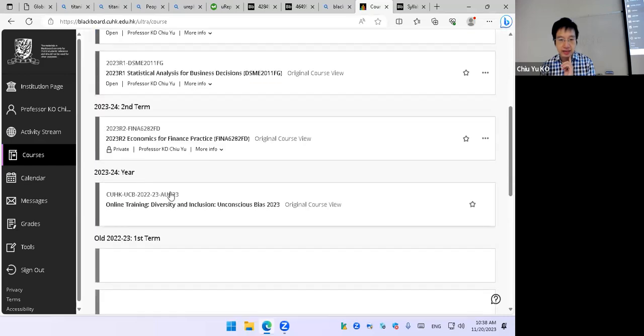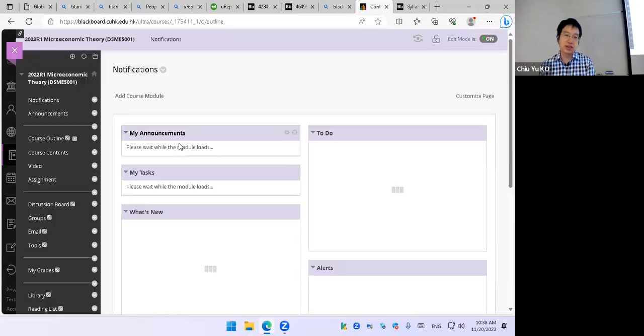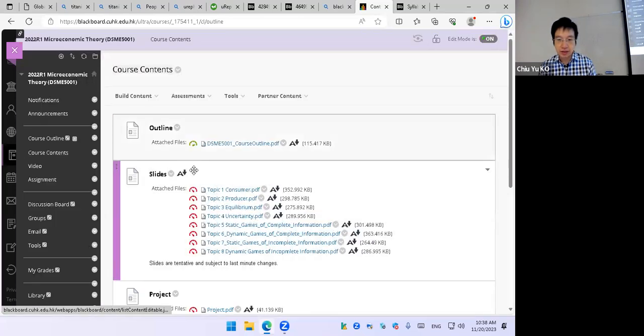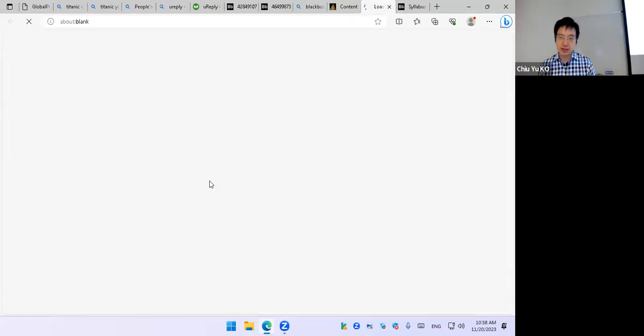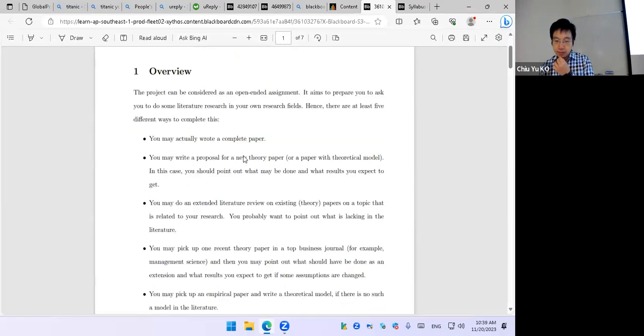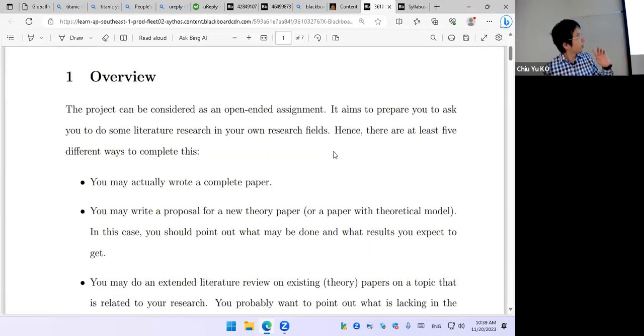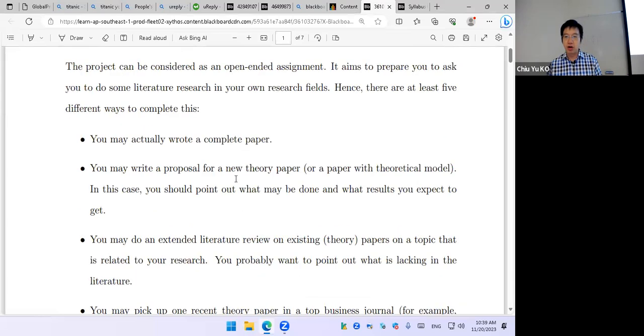I can take the last year's project, it's very similar anyway. Since you asked, I probably mentioned that as well. So the project, likely I put the same thing there. Either you write a paper, some people do because you're actually working on a paper anyway, or you write a proposal, what can be done, just describe it, okay?